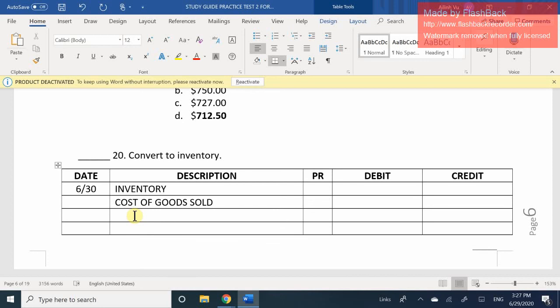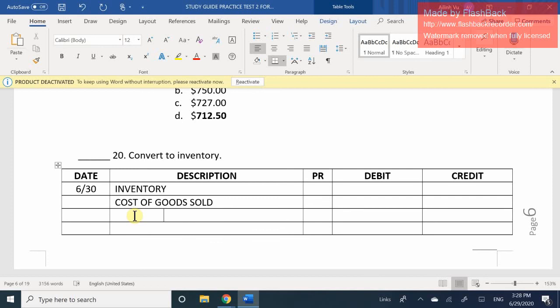Why do we need to have a conversion entry? What are we converting? We're adjusting our inventory. This is about our purchases. Why do we need to do a conversion entry?